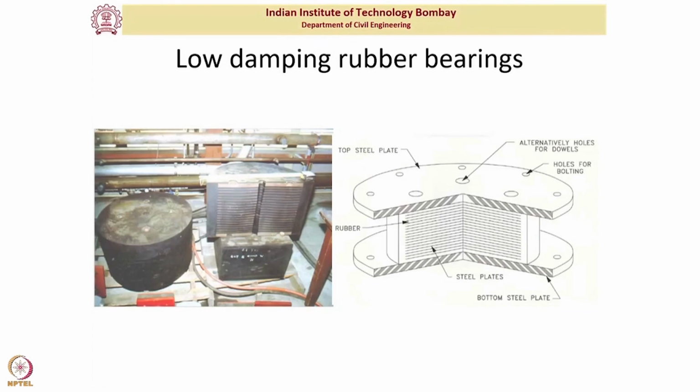So let us first show you the low damping rubber bearing. Now, what I have shown you is the internal construction of a low damping rubber bearing. There is no lead core here. On the left hand side, this rubber bearing is actually cut in half, so what you are seeing is the internal construction, multiple rubber layers.